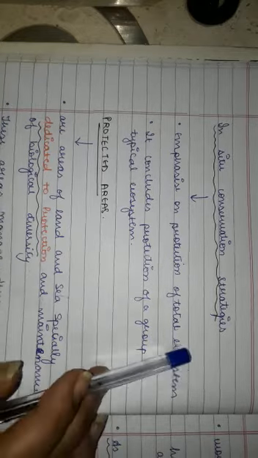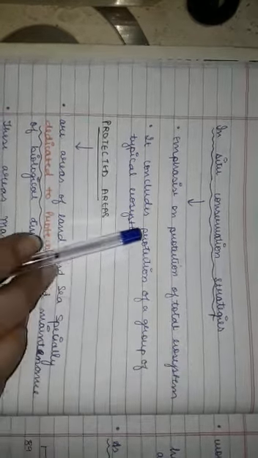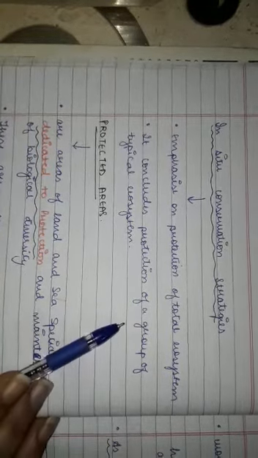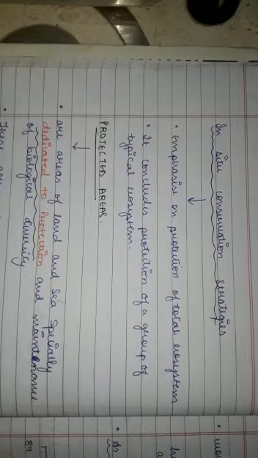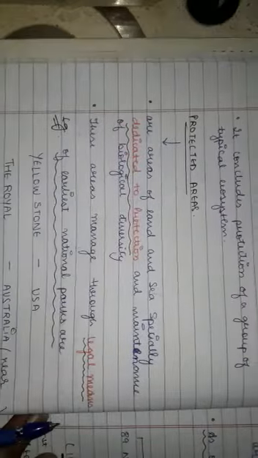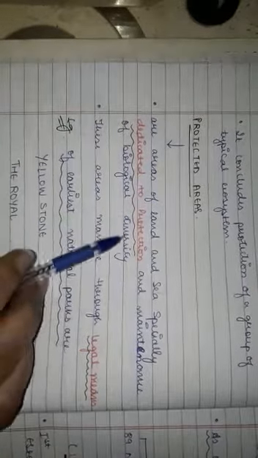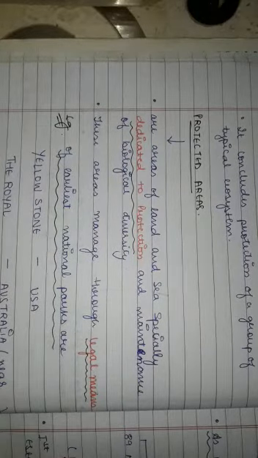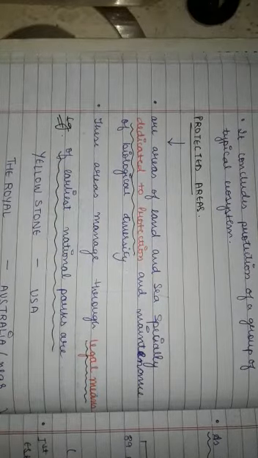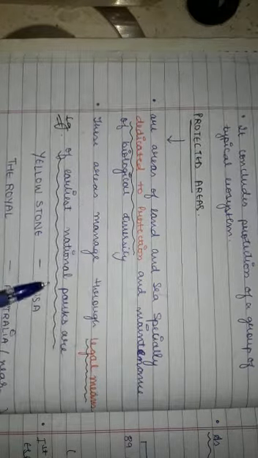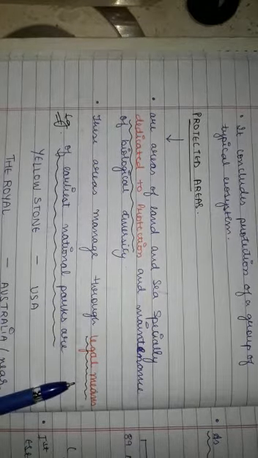In situ conservation strategies lay emphasis on protection of the total ecosystem, and include protection of a group of typical ecosystems. What are protected areas? These are the areas of land and sea which are specially dedicated to protection and maintenance of biological diversity, and these areas are managed through legal means.